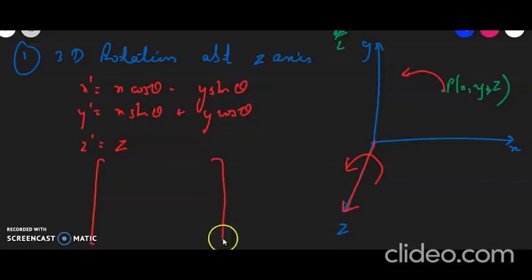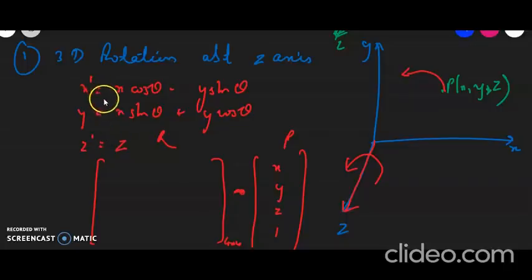Now we see what my formula will look like. X, Y, Z, 1. This is my point matrix multiplied by my rotation matrix. Now it's a 4 cross 4 matrix, students. So X is multiplied by cos theta, Y is multiplied by minus sin theta, and the rest two values are 0. Similarly, X is multiplied by sin theta, Y by cos theta, and then 0, 0.